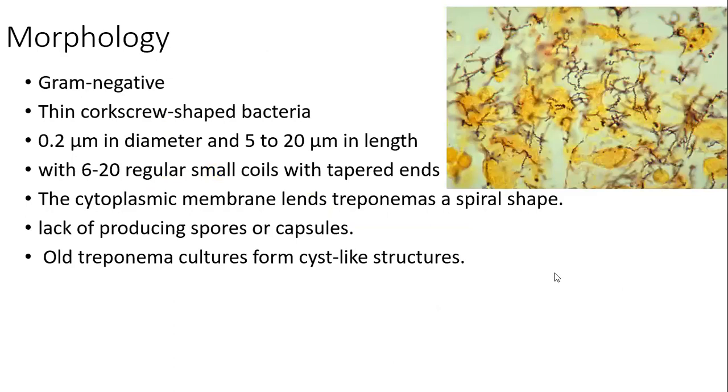Morphology. It's a gram-negative, thin, corkscrew-shaped bacterium, and it has 6 to 20 regular small coils with tapered ends. The cytoplasmic membrane lends Treponema a spiral shape. It is incapable of producing spore or capsule. All Treponema cultures form cyst-like structures.